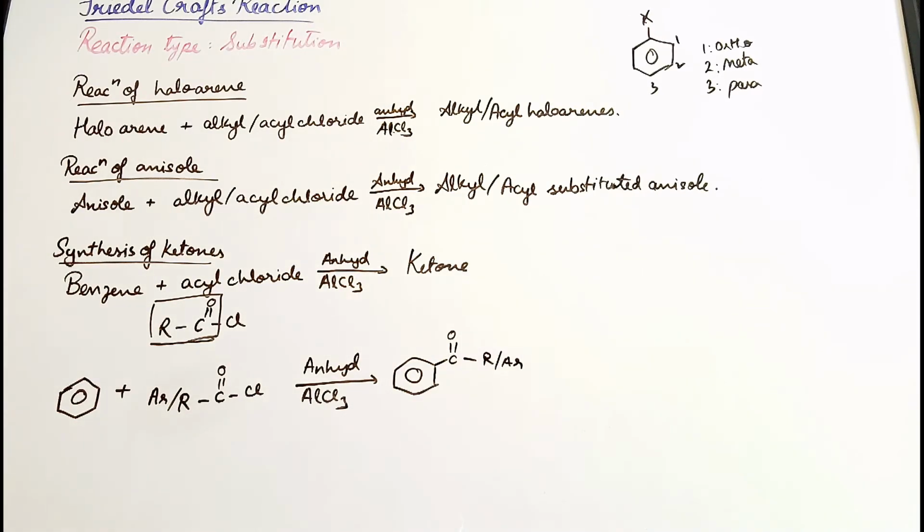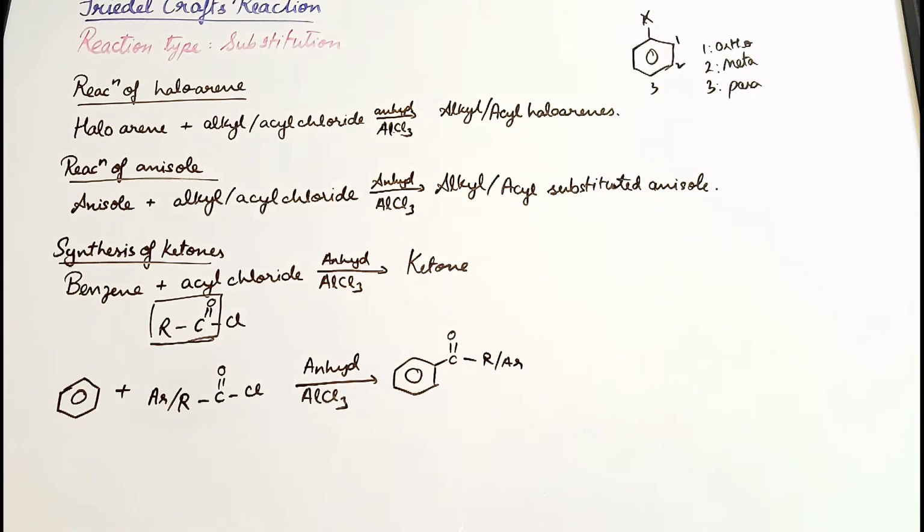So all of these are Friedel Crafts reactions. If an alkyl chloride is used, it's called an alkylation. When an acyl chloride is used, it's called an acylation reaction. Now, aniline, benzoic acid, all of these compounds do not undergo Friedel Crafts reaction.